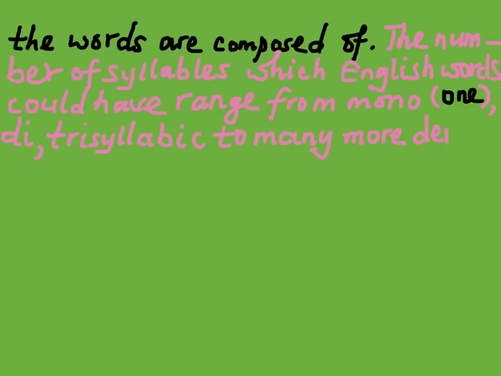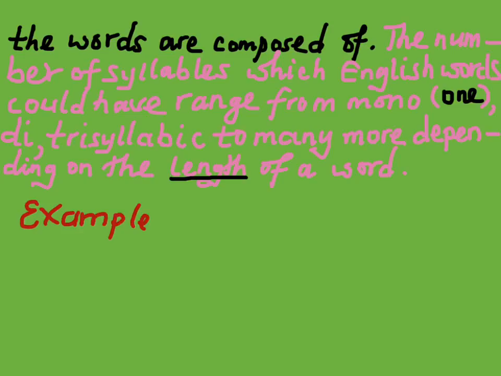Now, we are talking about things like monosyllabic words, disyllabic words, trisyllabic words, or there can even be more syllables due to the length of the words. So words are syllabified, as you can find on the board, depending greatly on the length of the word. So there are different types of syllables or different numbers of syllables that words could have.